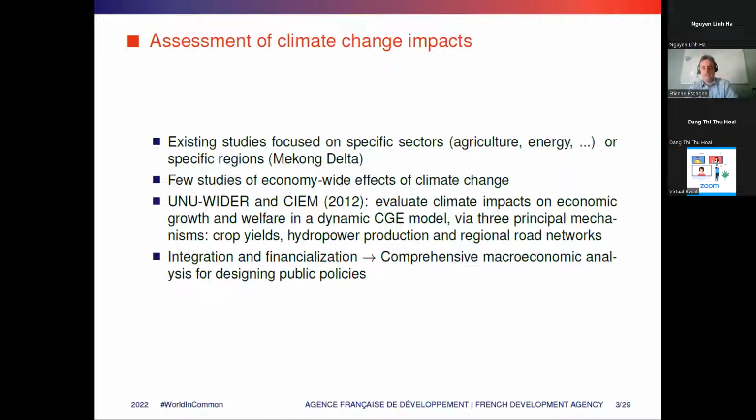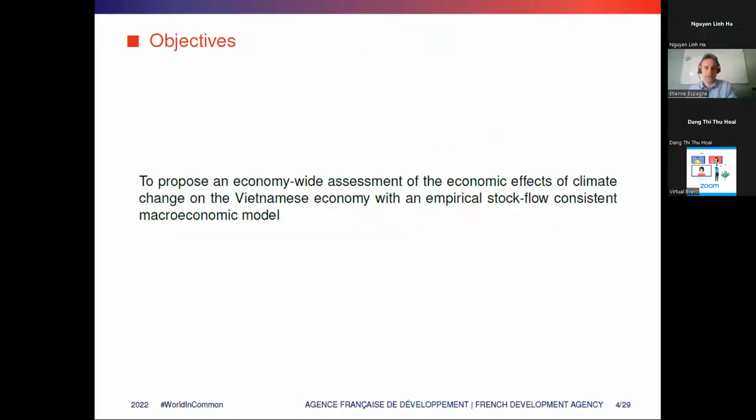In that aspect, it differs from the CGE model approach by looking at how the financial sector, and so the capacity to save or the need for financing, affects the real side of the economy, and how this might change the assessment of the climate impacts on the economy. So that's the objective: to propose an economy-wide assessment of the economic effects of climate change on the Vietnamese economy by using an empirical stock flow consistent macroeconomic model.